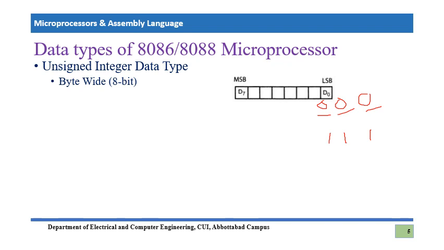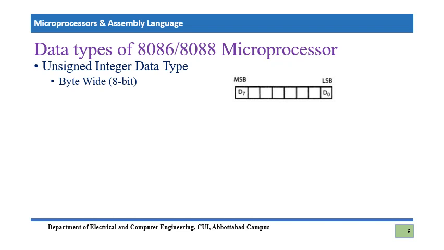So how many combinations will there be? It will be 2 power 3, which means there will be 8 different combinations for these 3-bit unsigned binary numbers.